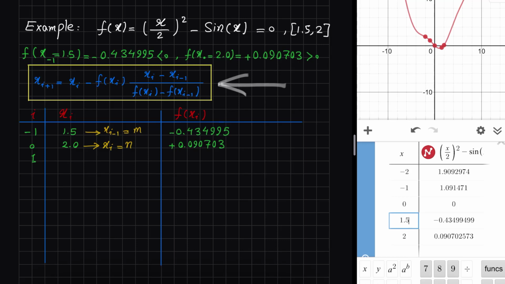For f(xi), let's call it q, and for f(xi minus 1), let's call it p.